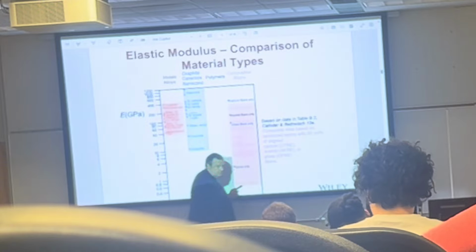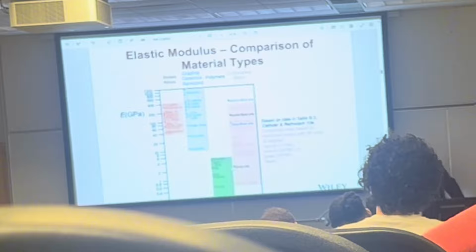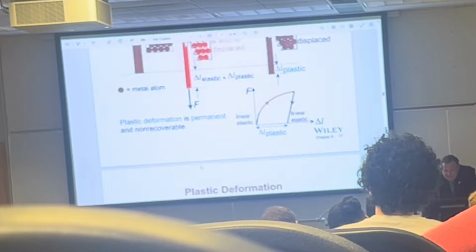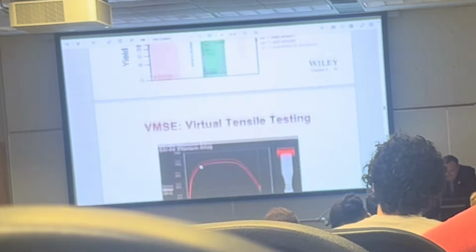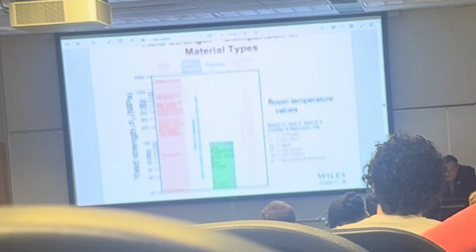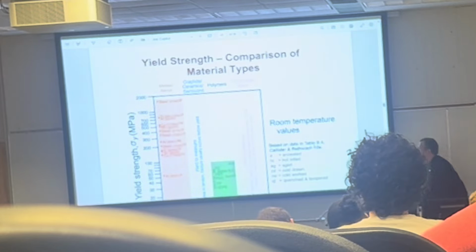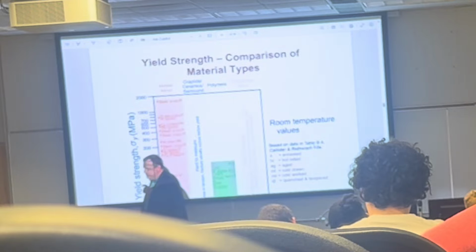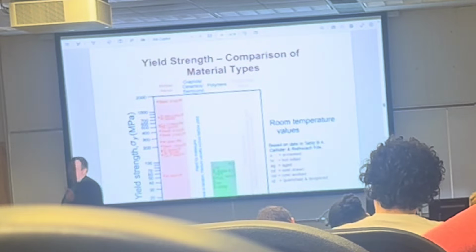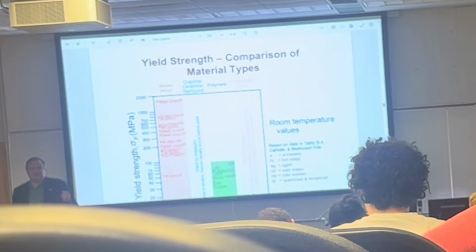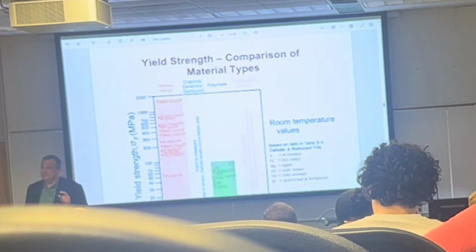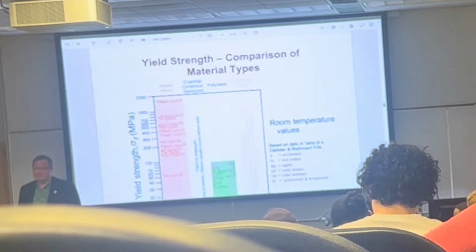But what I want to show you is this graph here that shows the yield strength when we discussed plastic deformation. Here. You see what it says here? Room temperature values. And what we can really change is the yield strength. So going back to $300,000 salary that you're getting after you pass this class.